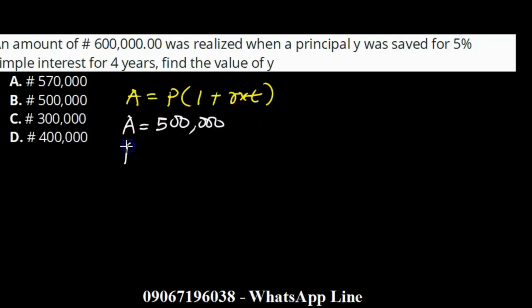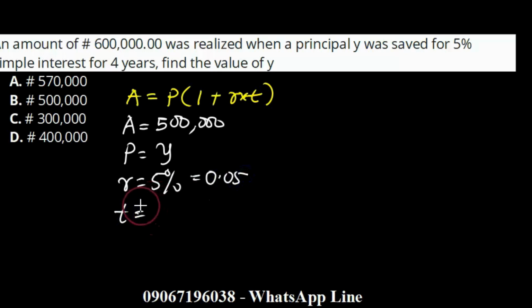Principal is unknown, Y. The rate is 5%, which is 0.05. The time is equal to 4 years.